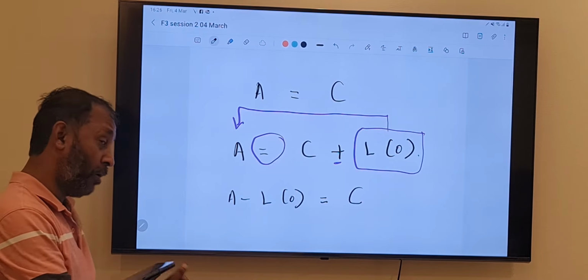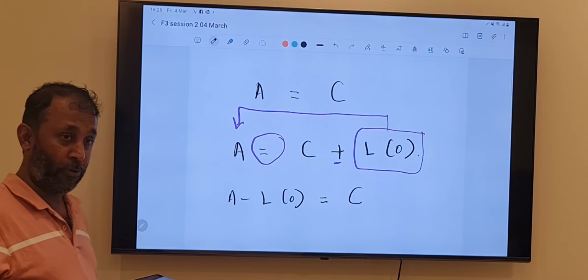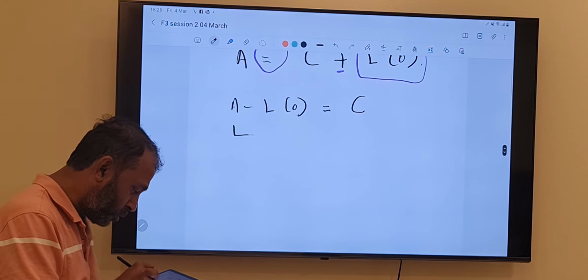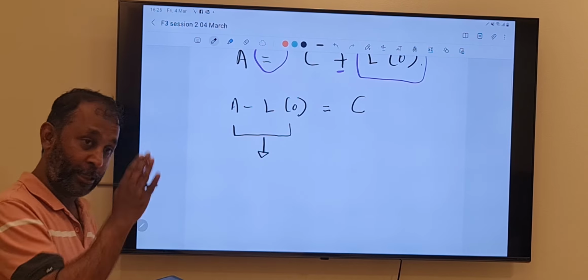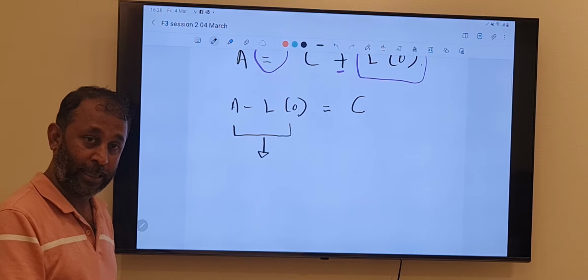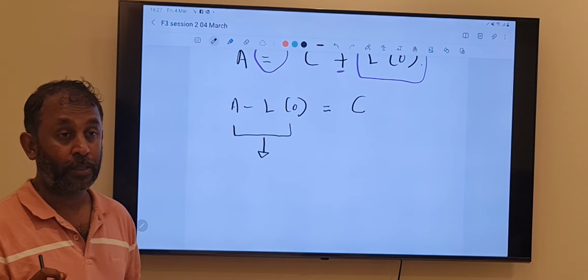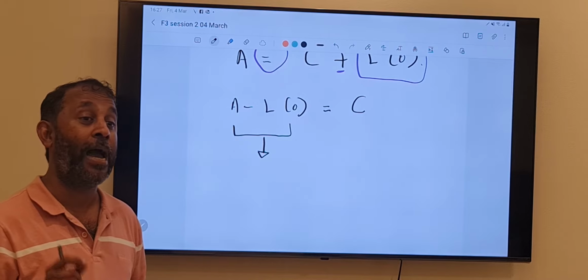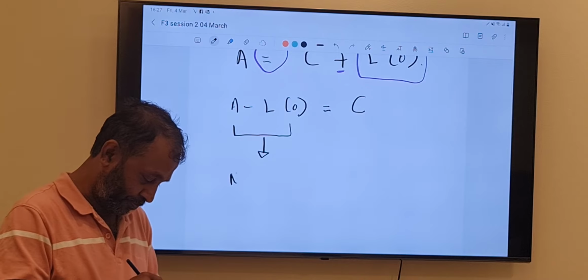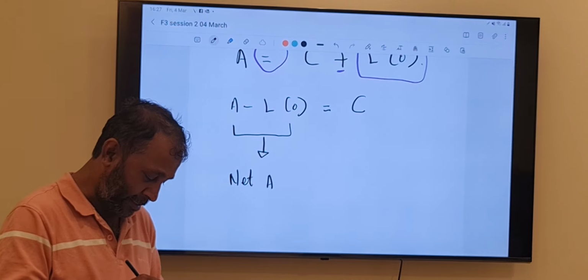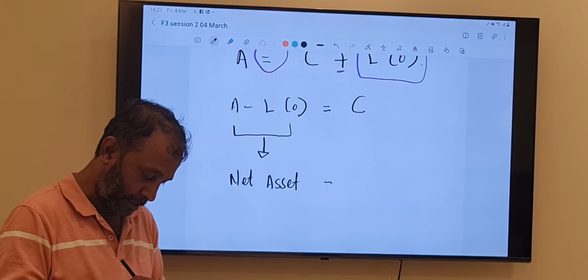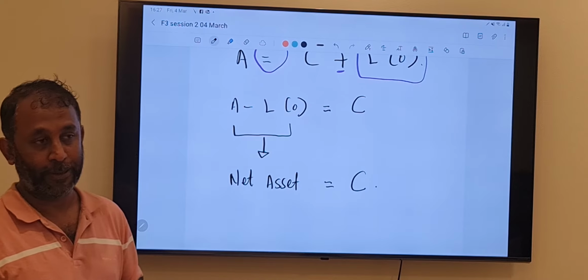Right. Now, from an accounting point of view, the difference between these two, asset minus liability, has a name called net asset.